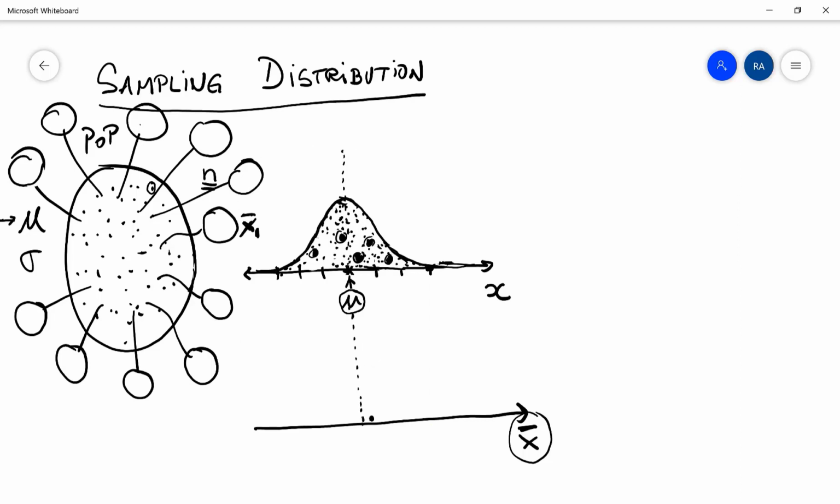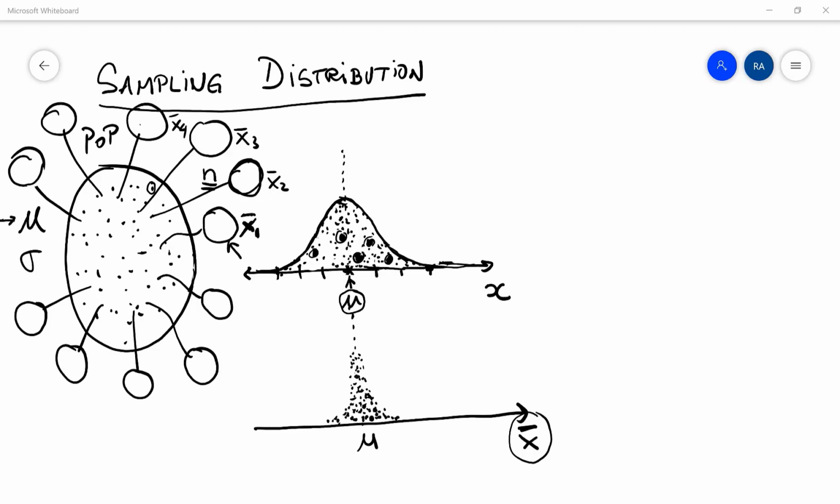Suppose that we compute the mean of a second sample of the same size, and we obtain x sub 2, and so on. Then when we plot on this number line all of these samples, each point represents one sample. When we finish with the last sample of the same size, we obtain that distribution.